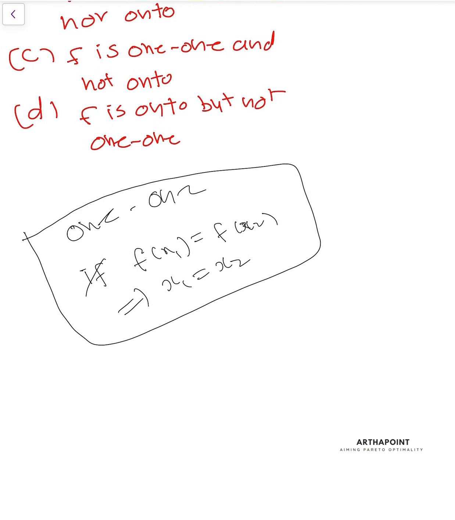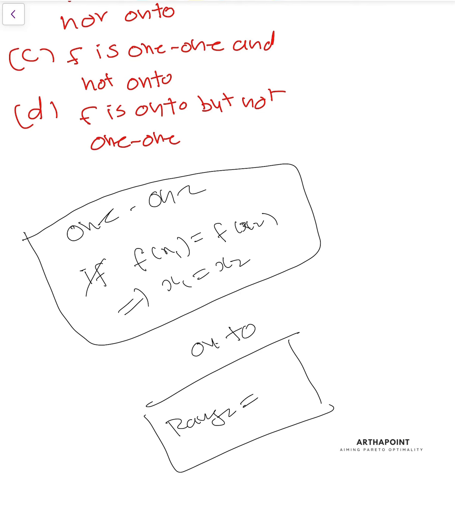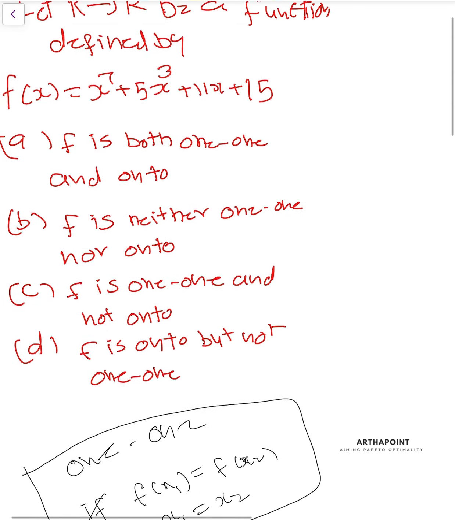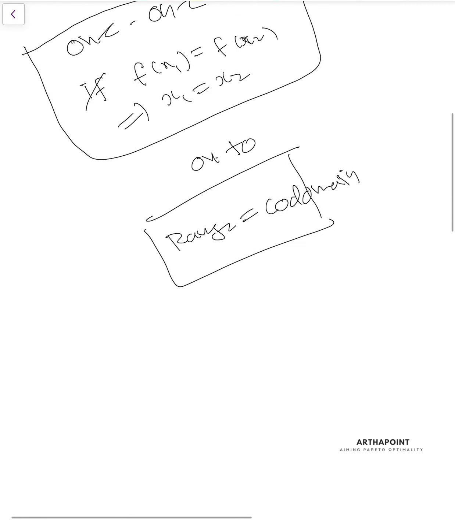And for onto function we find if the range of the function is equal to codomain. Here both domain and codomain are real, R to R, so we will try to find if range also lies in R, that is real values, right?